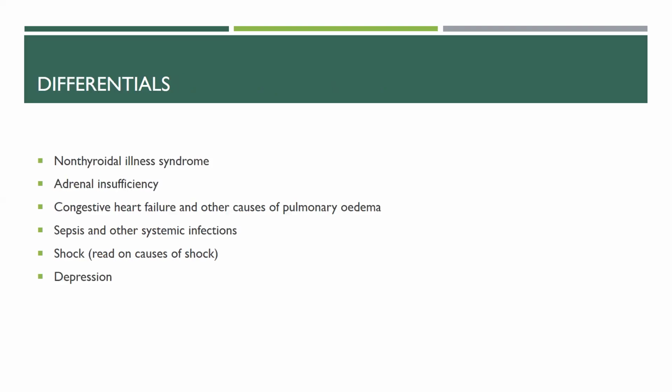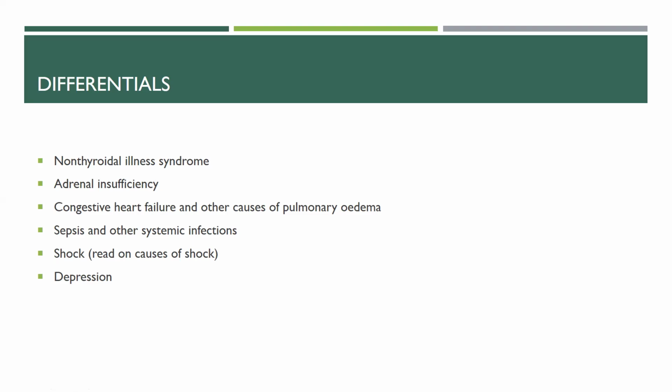And I think I would give you differentials right at this point. In your differentials, you'd have non-thyroid illness syndrome. This is quite another long offshoot of hypothyroidism, which I would urge you to read on your own. I'm not going to go into it. Then you'd have adrenal insufficiency, and also congestive heart failure.